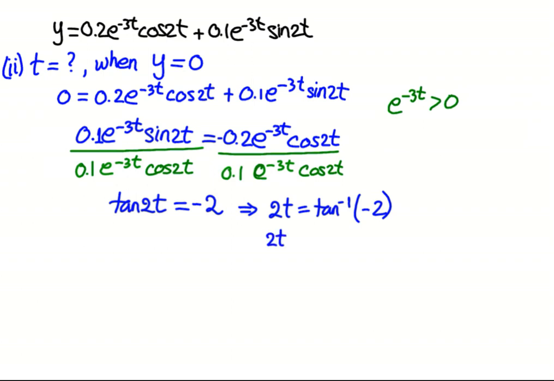So I have 2t equal to negative 1.107. Obviously, it's not going to work with a negative time. So I have to add a 2 pi to it to make it positive. So that is approximately equal to 5.17 something.